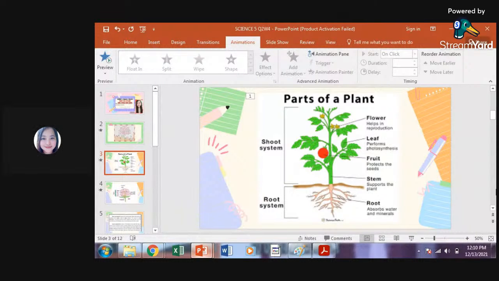How about the leaf? The leaf performs photosynthesis. The fruit protects the seeds, and the root absorbs water and minerals. So please remember that and do not forget that. Okay?